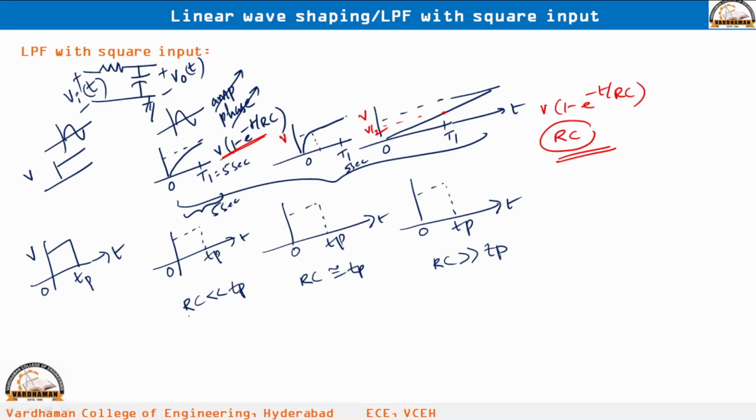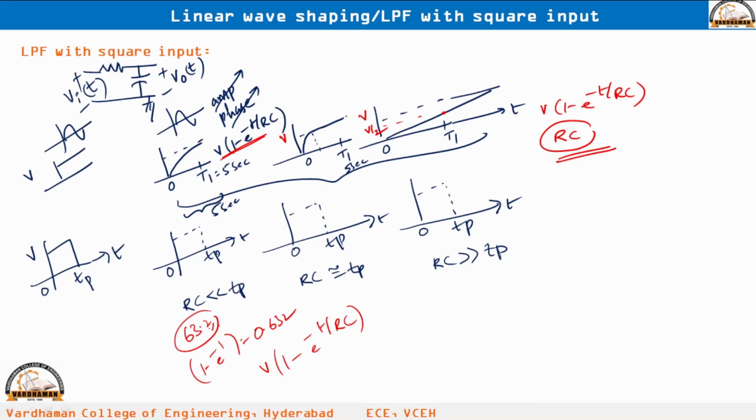As the time constant is very small, what is the meaning of time constant? It is the time taken by the output to reach 63.2% of the final output, because 1 minus e power minus 1 equals 0.632. Actually the output equation is given by V times (1 minus e power minus t by RC).